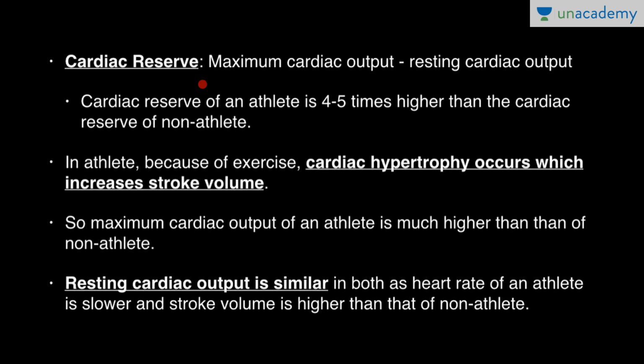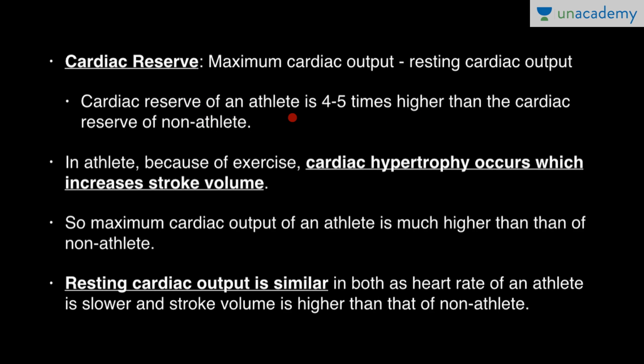Cardiac reserve. Maximum cardiac output minus resting cardiac output gives us cardiac reserve. The cardiac reserve of an athlete is 4 to 5 times higher than the cardiac reserve of a non-athlete. One who exercises daily is an athlete.